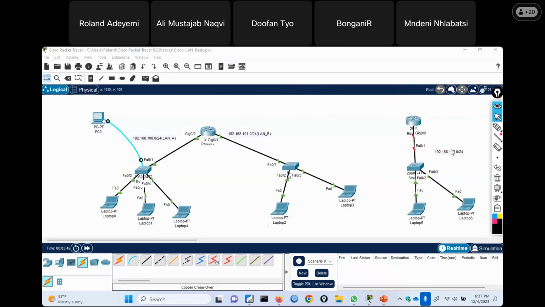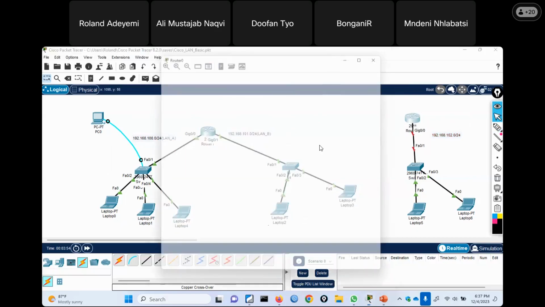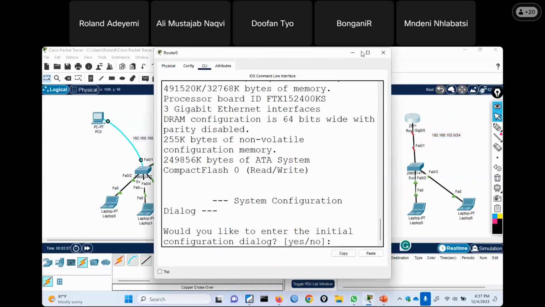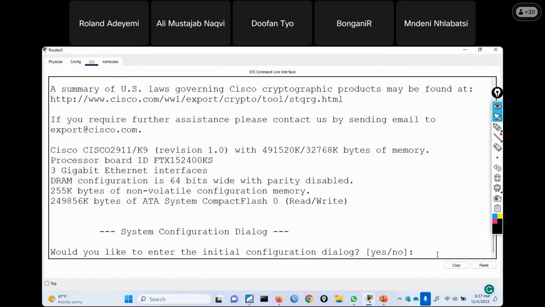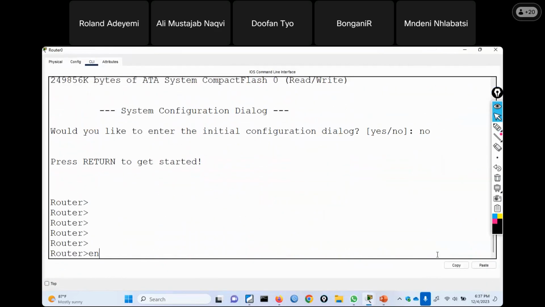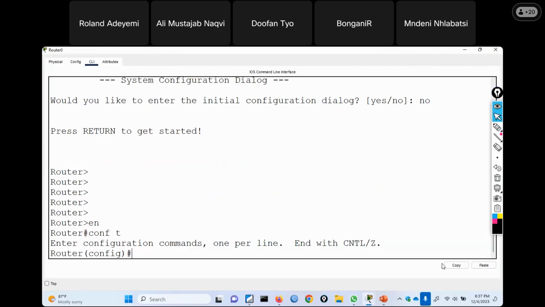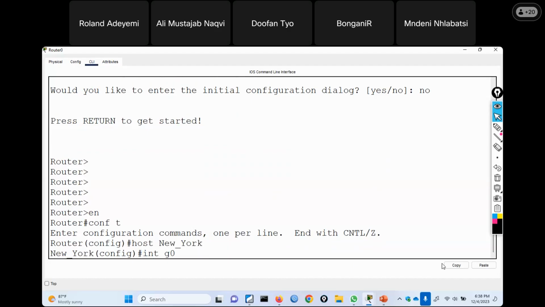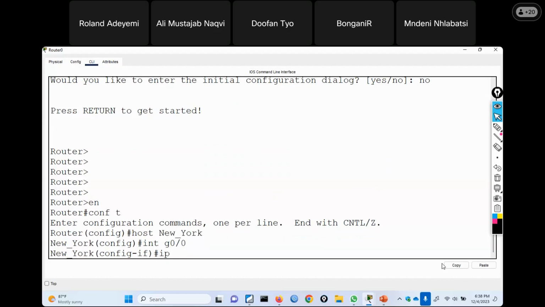So what do we need to do? We've decided on the network address. We just go to our router and pick an IP address and put on that router. Let's set the host name. Let's say New York. Interface G0/0 IP first.